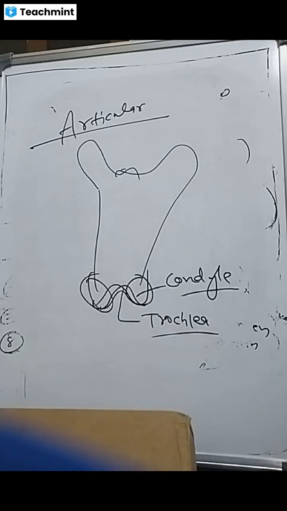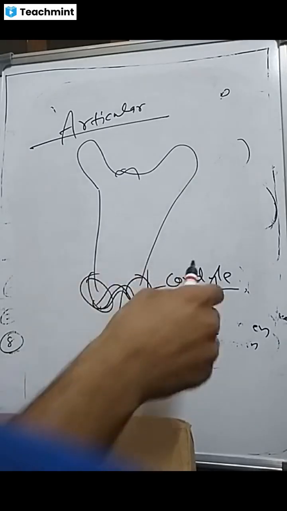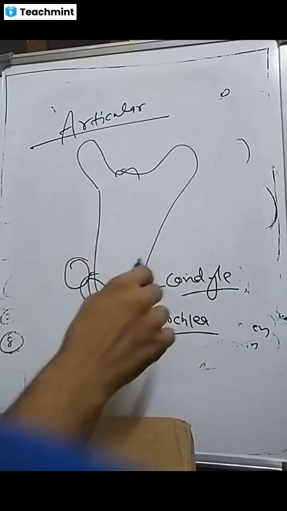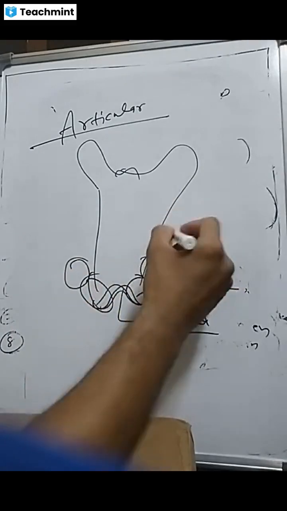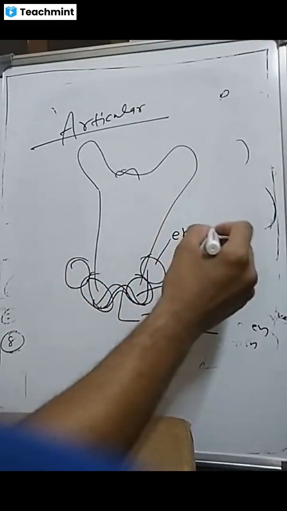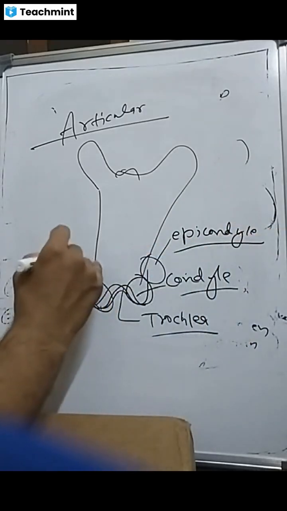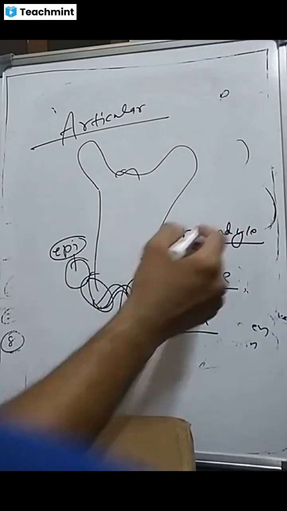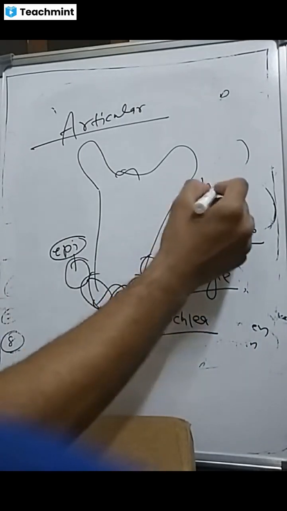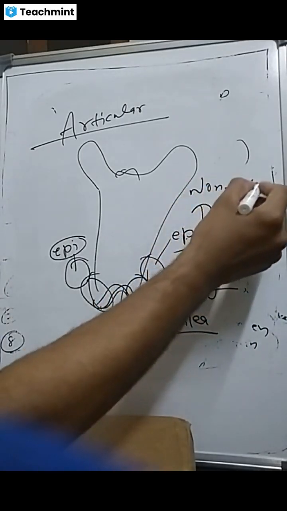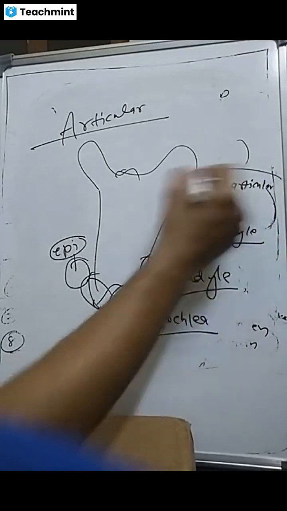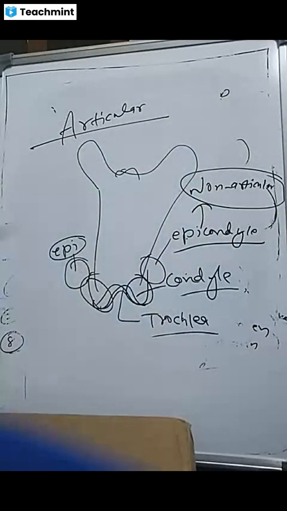This is articular. Above the condyle, we have the epicondyle. These epicondyles are non-articular. They do not participate in any kind of joint.